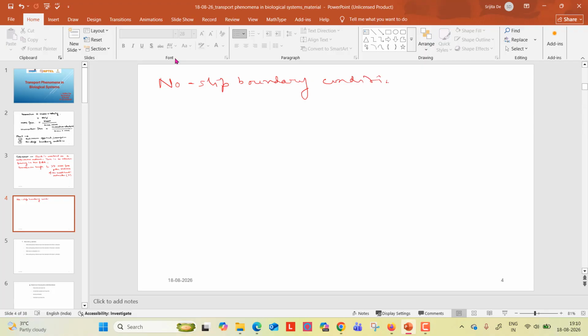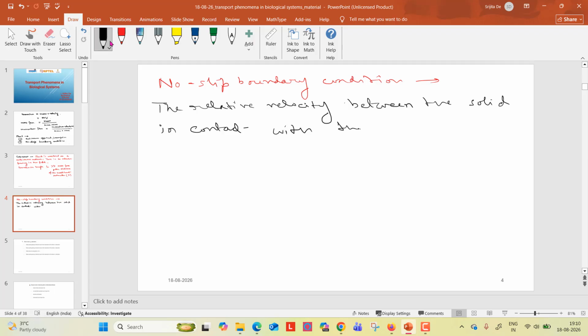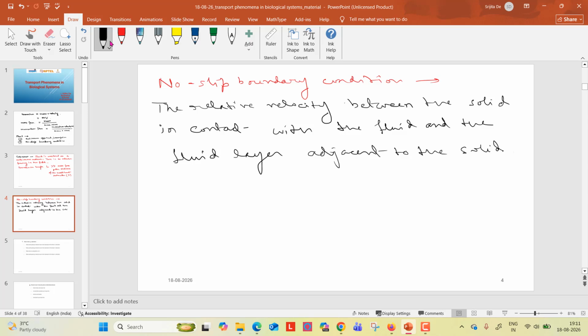No slip boundary condition means the relative velocity between the solid in contact with the fluid and the fluid layer adjacent to the solid has to be 0.